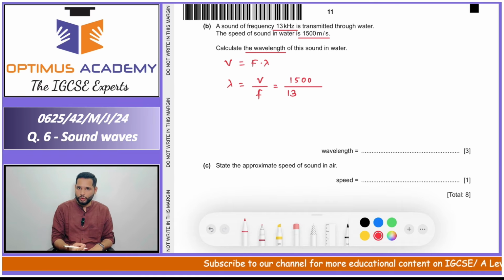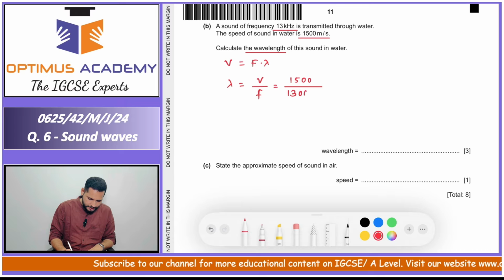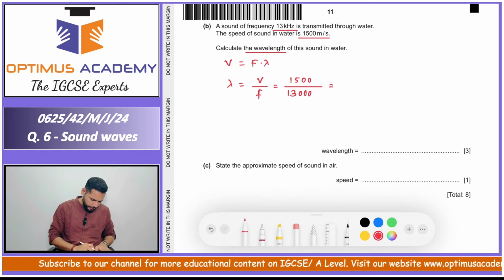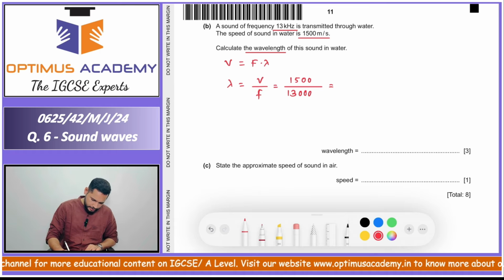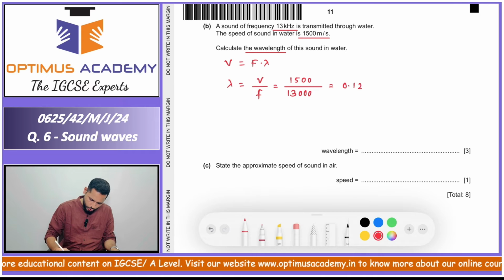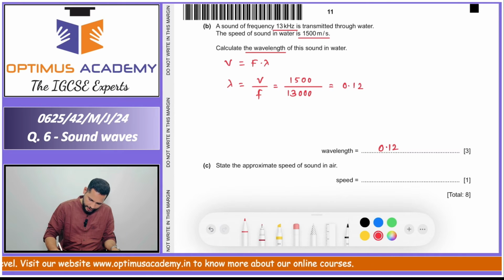Note that it is kilo, so we have to convert that into SI unit, that's hertz. So it is 13,000. 1500 upon 13,000, the answer is 0.12. So the wavelength will be 0.12 meter.